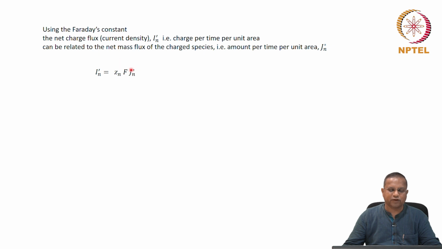So we have used the Faraday's constant and converted this molar flux into the current. That's essentially what a Faraday's constant gives us also. It converts the movement to electrical terms. In this case, we represent it as the charge per time per unit area.